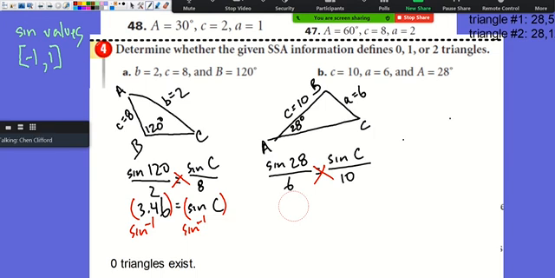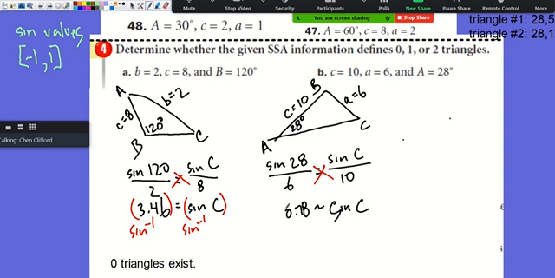And I get 0.78. So sine of c is roughly 0.78.